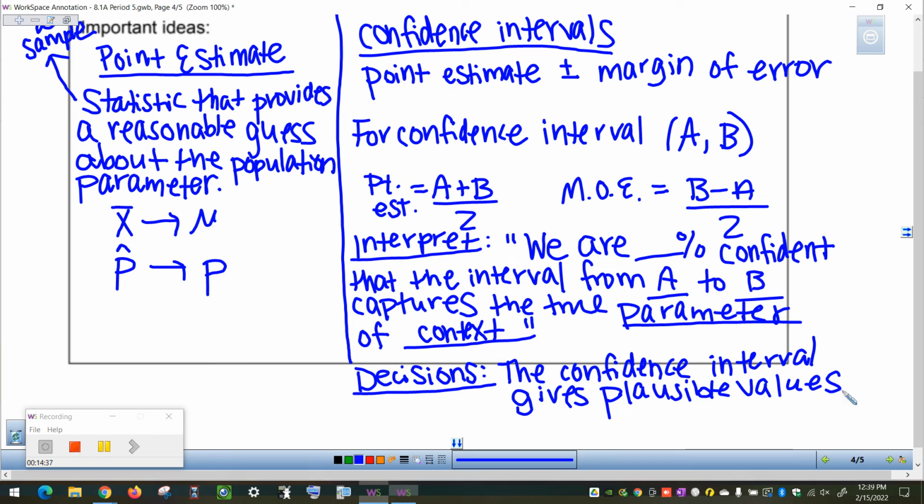So when we're trying to make a decision about a claim, we're just going to be looking at whether my interval of plausible values supports the claim or denies the claim. And it's going to depend on our situation. So sometimes yes, sometimes no. It's just going to be a case-by-case basis what kind of decision is made.